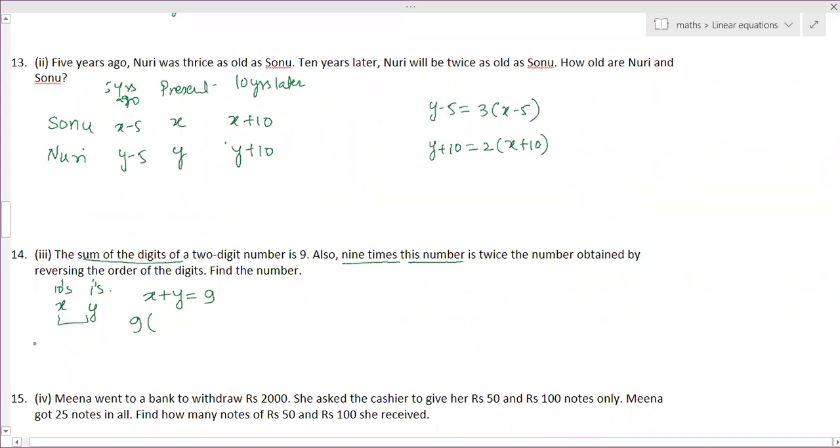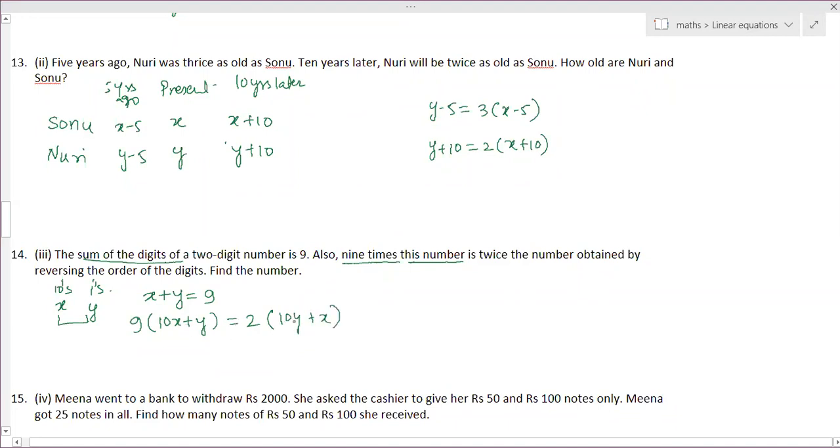What is that number? 10x plus y. So 9 times this number is twice the number obtained by reversing the digits. 10y plus x, right?